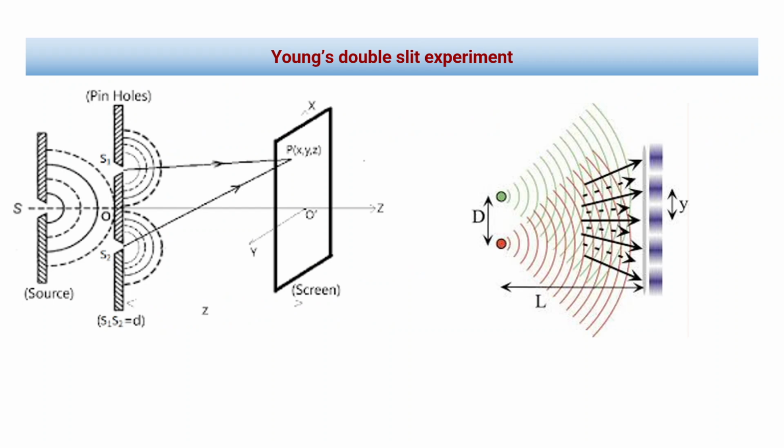So Young's double slit experiment is the first in this direction, where we use a single monochromatic source of light. We have a slit like this, a small hole through which the light will come, and there will be some bending of this wave, that's why it won't only go in one direction.